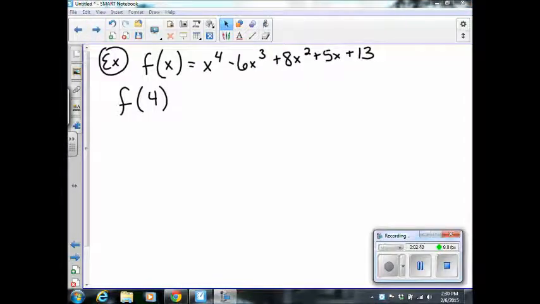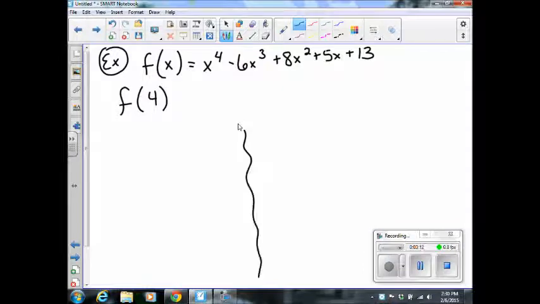There are 2 different ways that you can set this up to find your remainder. You can either plug the 4 into your expression and see what it calculates, or you can use synthetic division. I'm going to show you both methods. The first method is called synthetic substitution because we're using synthetic division, which we talked about on Friday.